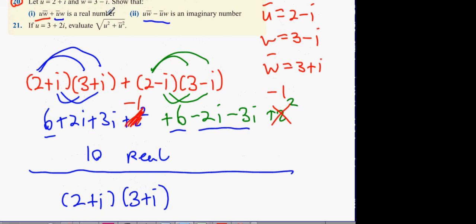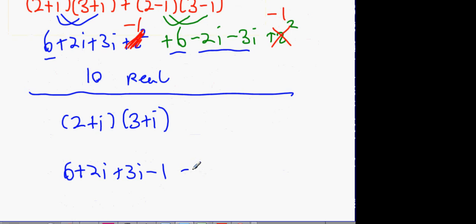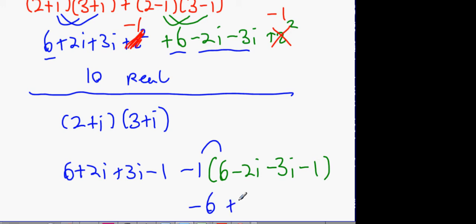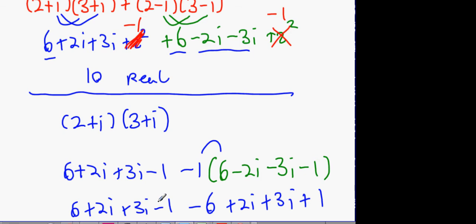And this part here is the same as last time as well. So it's going to be minus 1 times the green bit, because it's exactly the same as last time. Now this minus 1 changes everything. It turns into minus 6 minus 2i minus 3i, that's plus 1. And then the other side, 6 plus 2i plus 3i minus 1.